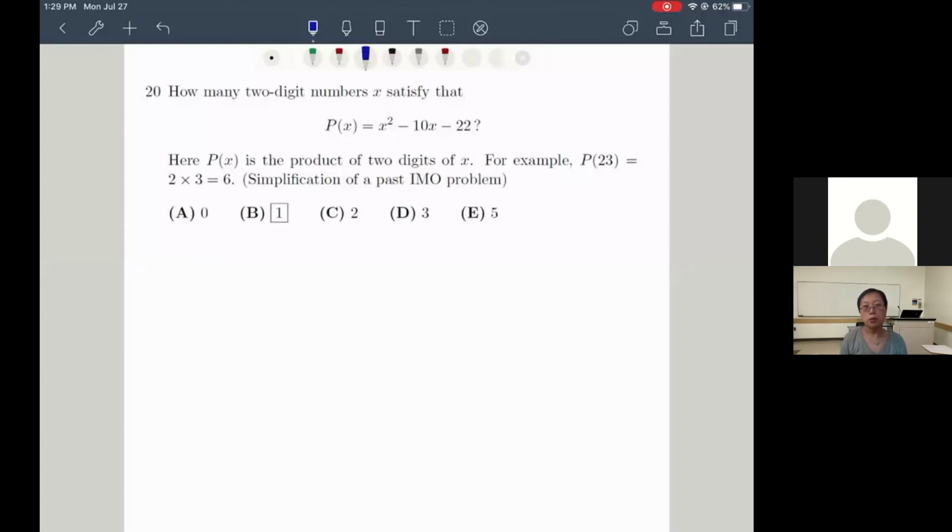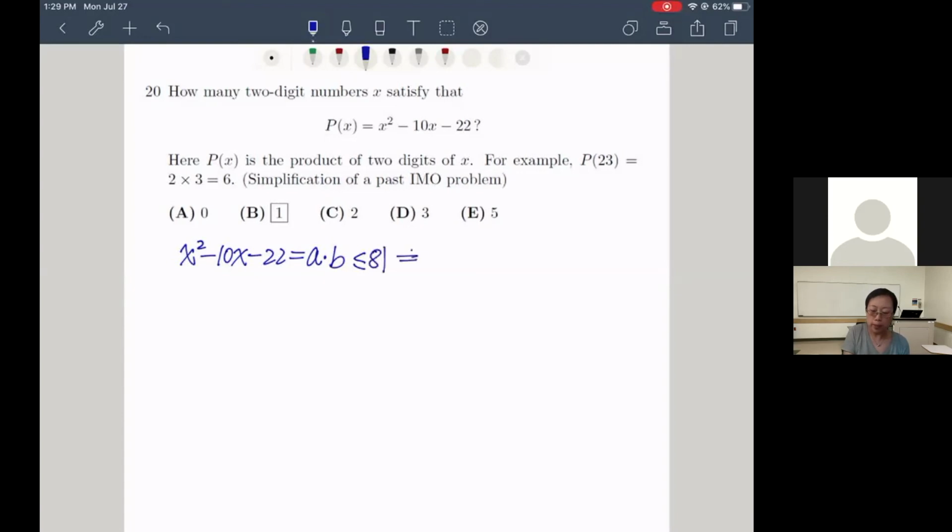Okay, let's start by writing down the condition. x squared minus 10x minus 22 equals the multiplication of the two digits. Let's say they're a and b. We know that a and b are digits, right? So the multiplication is no greater than 81.